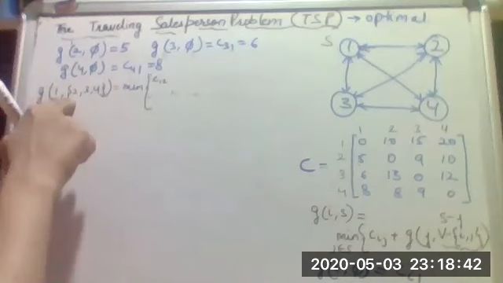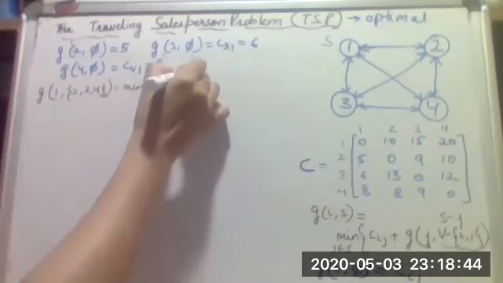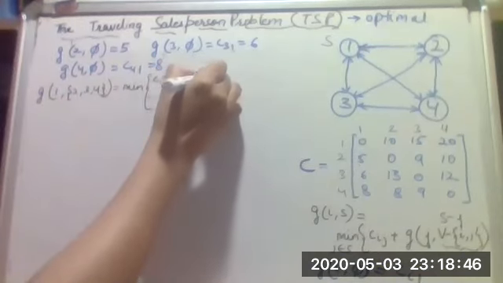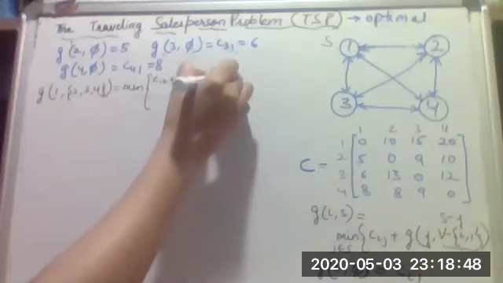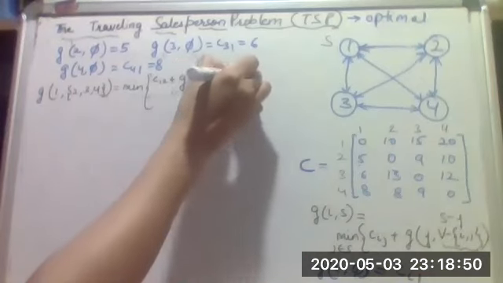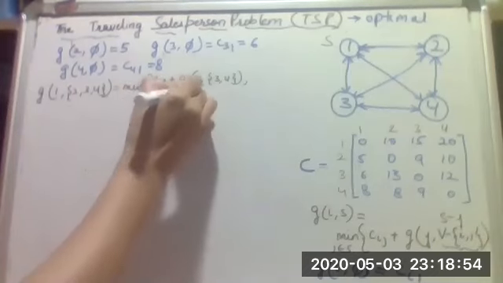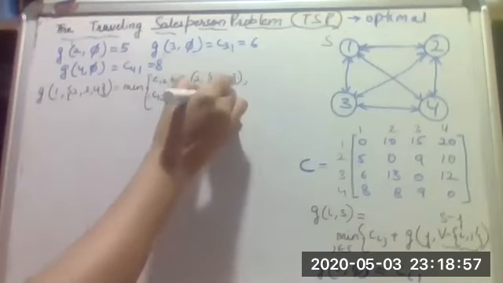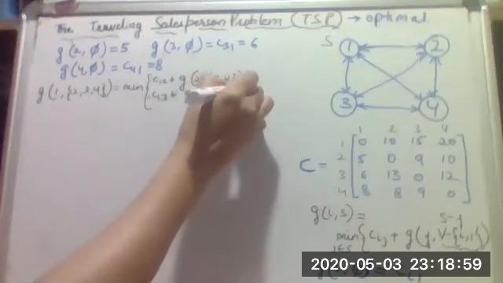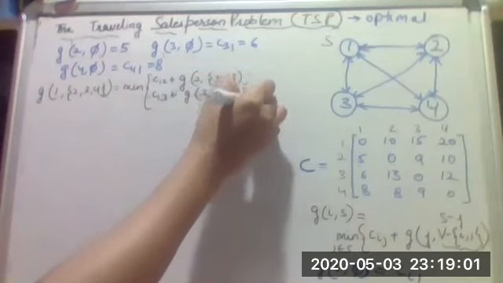So if we are taking 2, then G of 2, and what is left with us is now 3 and 4. If we are taking the third vertex, then we are starting from 3 and we are left with 2 and 4.